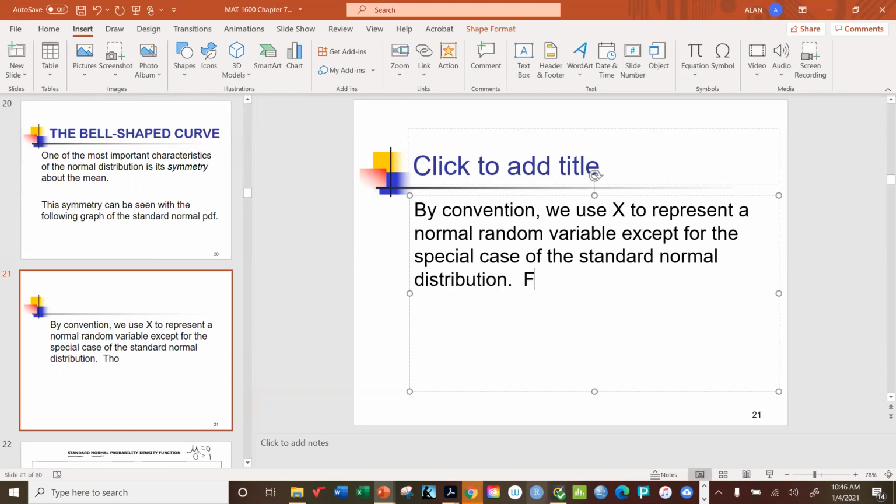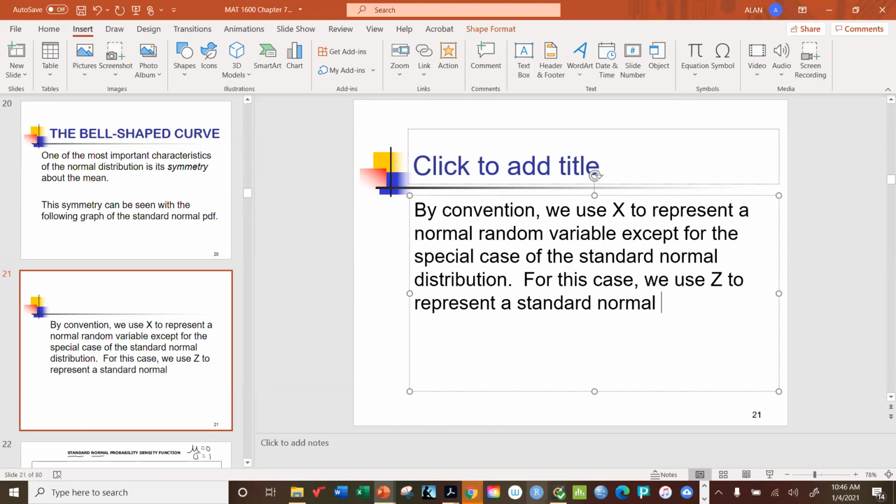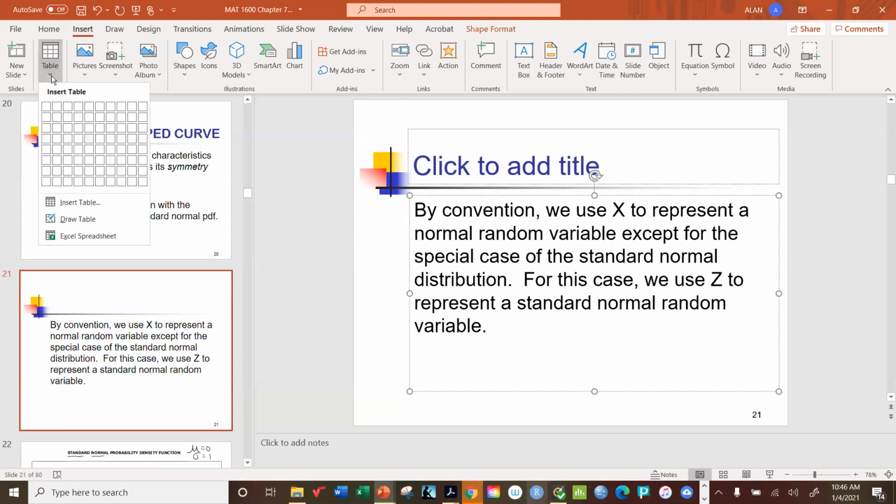For this case, we use z to represent a standard normal random variable. It's just a convention, but you may have heard the term z-score, and the z-score refers to a specific point underneath the standard normal curve. So I just want to throw that in there before we carry on.